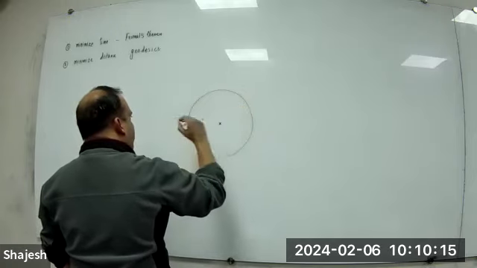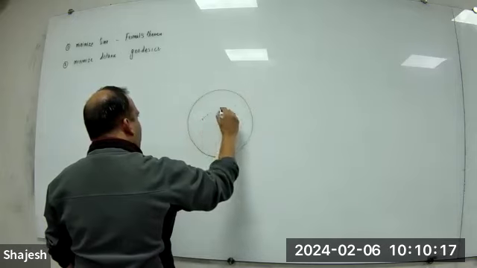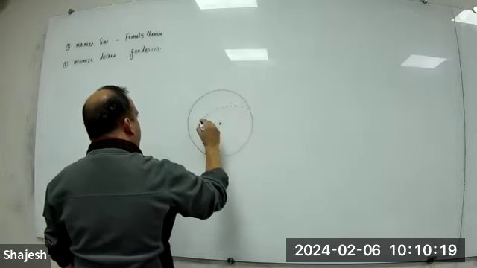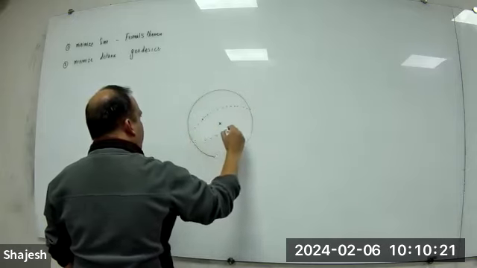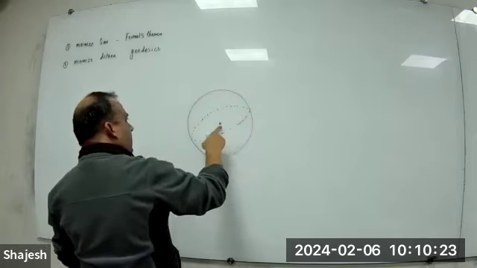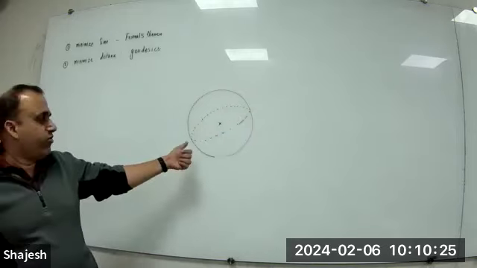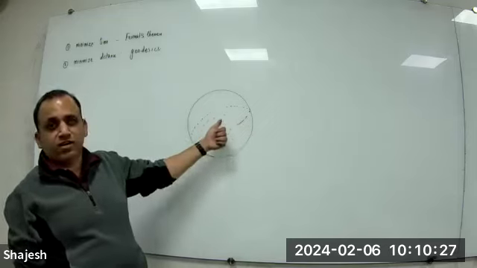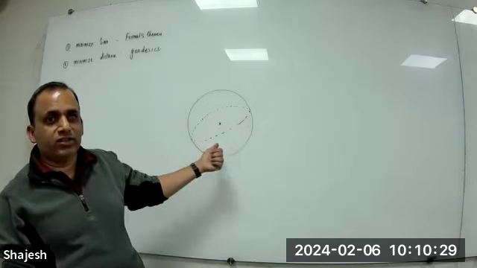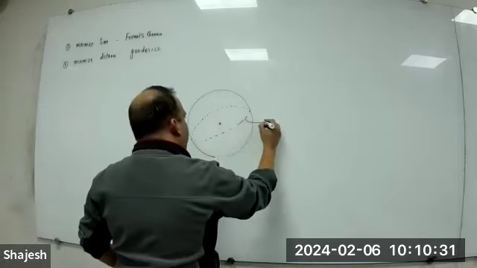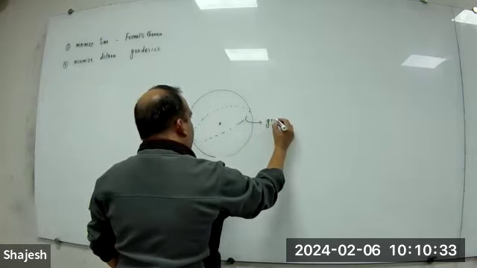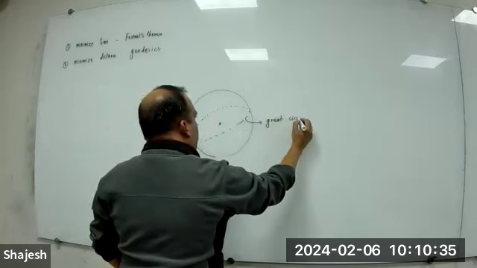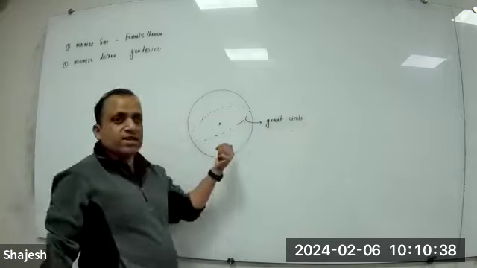So have a circle that has the center as the center of the sphere, and the center of the circle should match. So this is called a great circle. So there are many great circles.